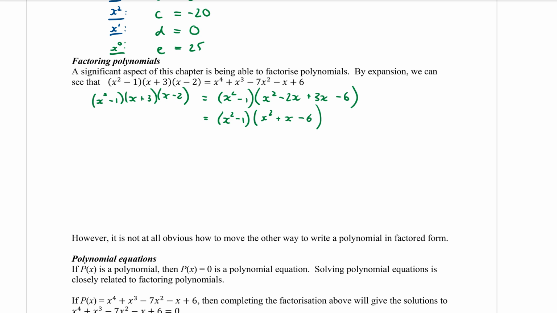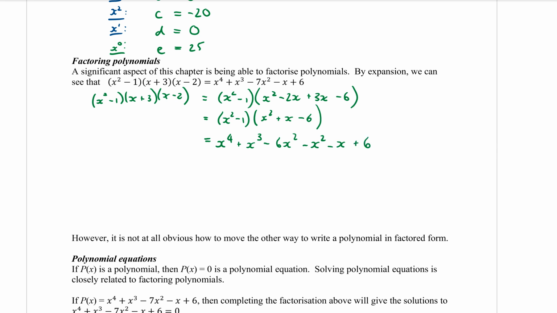Now we have two brackets again that we're going to expand again. So the x squared times by everything in that second bracket makes x to the power of 4 plus x cubed minus 6x squared. Now the minus 1 times by everything in the second bracket, minus x squared minus x and plus 6.